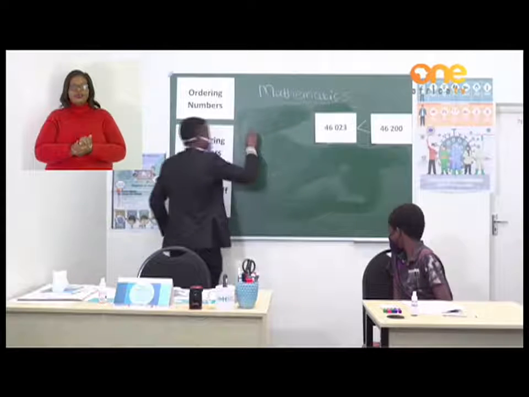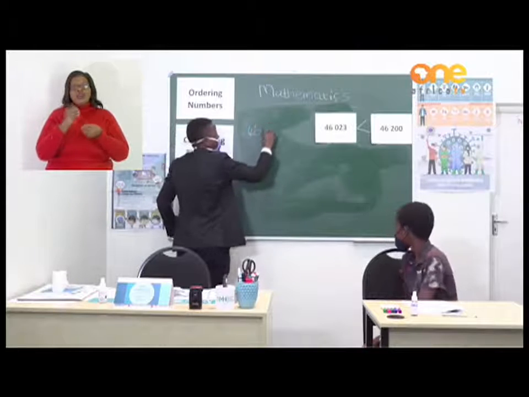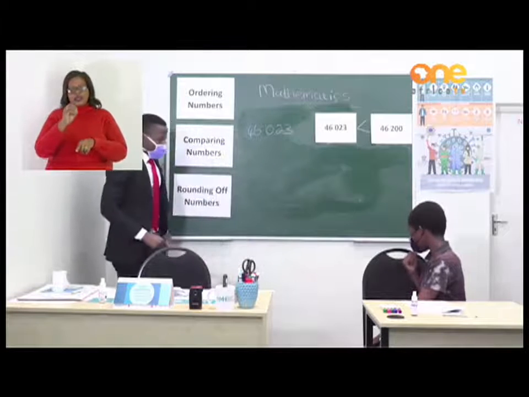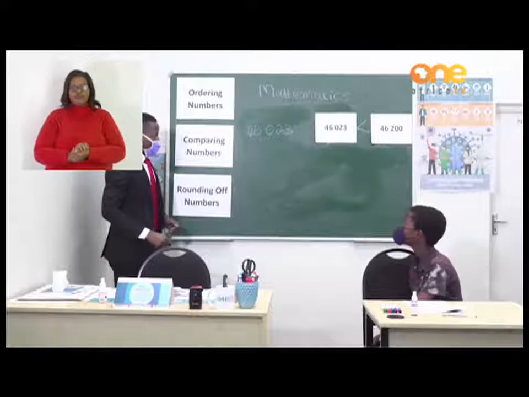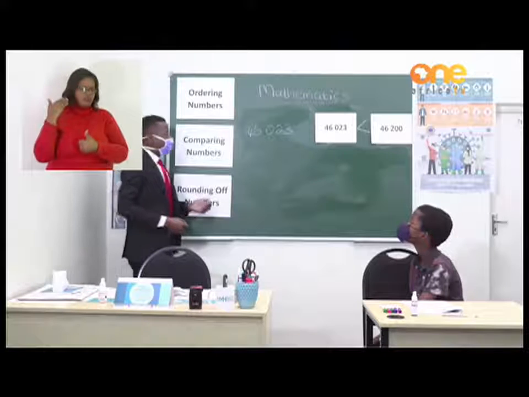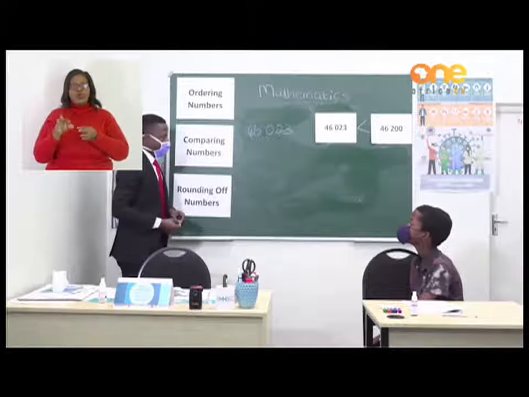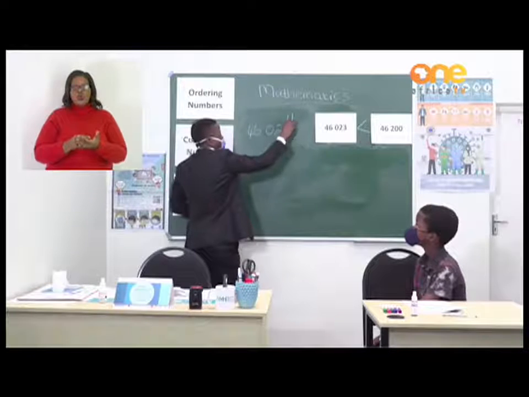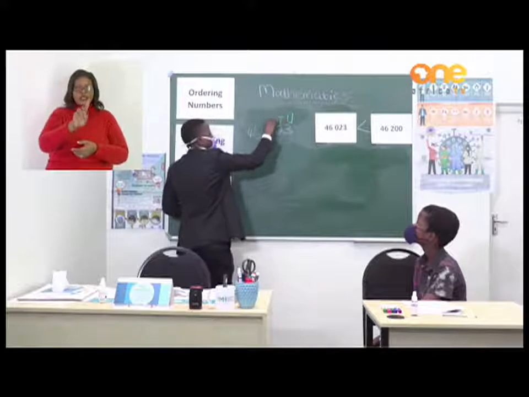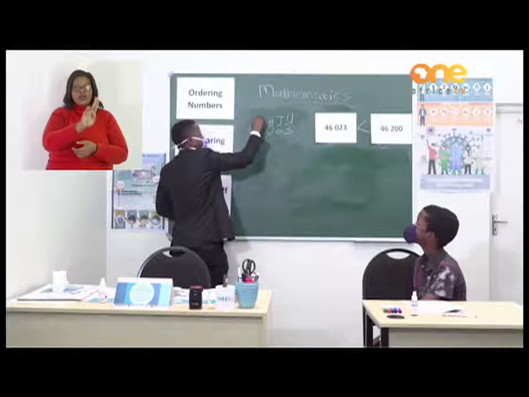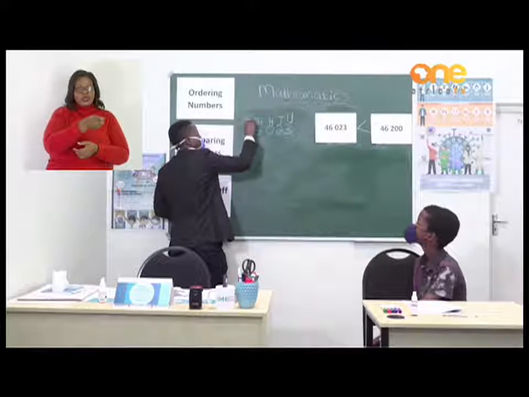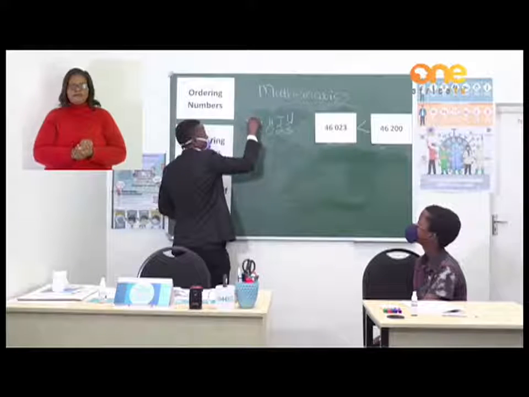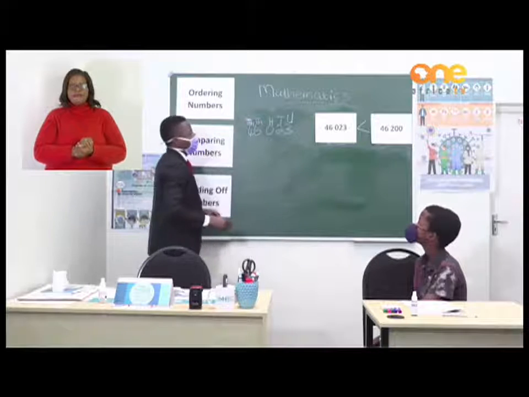You will be given a number, for example, 46,023. And remember in the previous presentation, I was talking about place values. The last number is always a unit, a 10, 100, 1,000, and a 10,000.